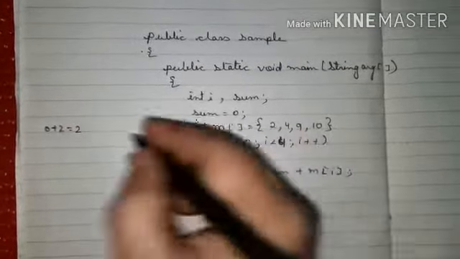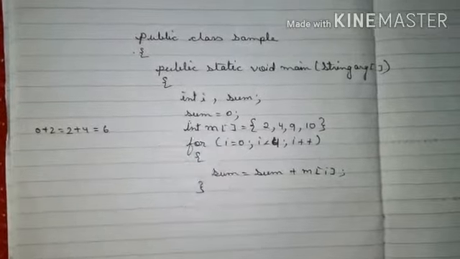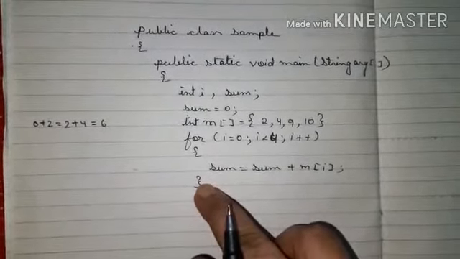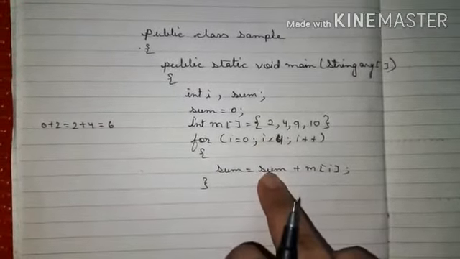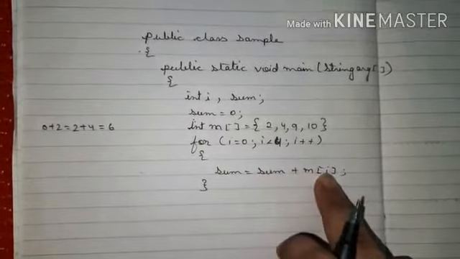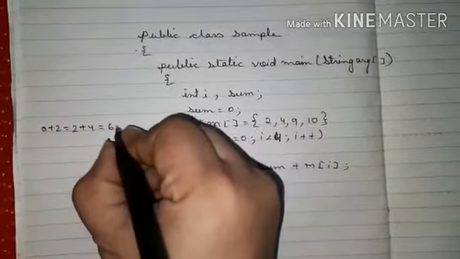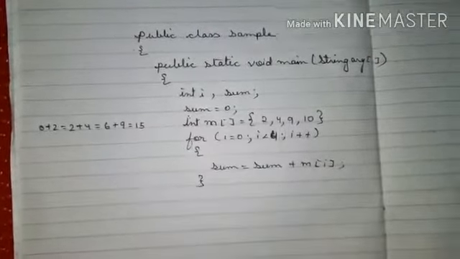So 2 plus 4 became 6. Now i is 2, and 2 is less than 4, so the condition is true. Sum was 6, and in the 2 position 9 is there, so plus 9 it became 15.